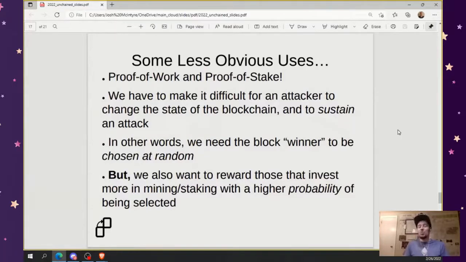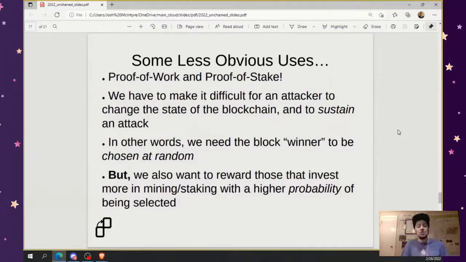In other words, we need the block winner, the validator or the miner that gets the block, to be chosen at random, and random in a cryptographically secure sense. But at the same time, we also want to reward those that invest in more mining hardware, so hash power, or more stake for proof of stake systems, with a higher probability of being selected.